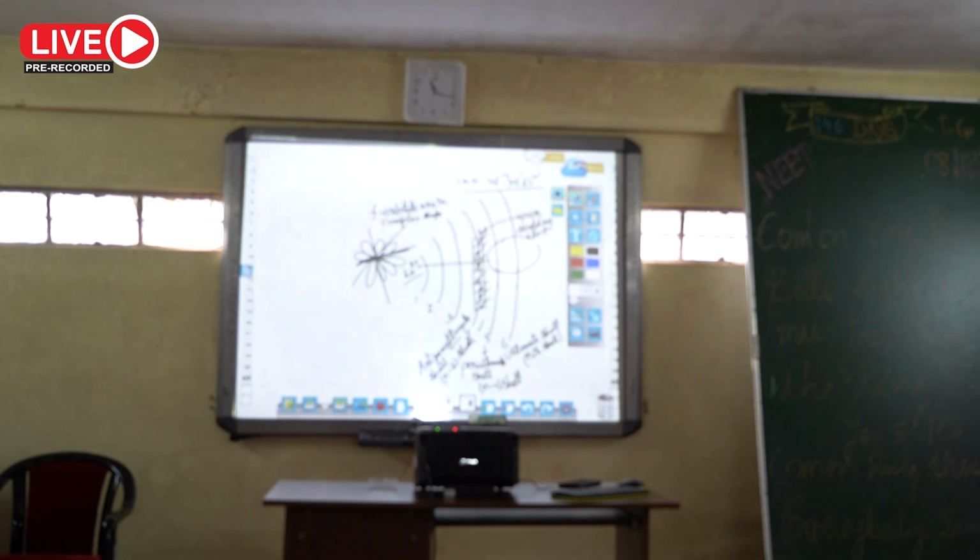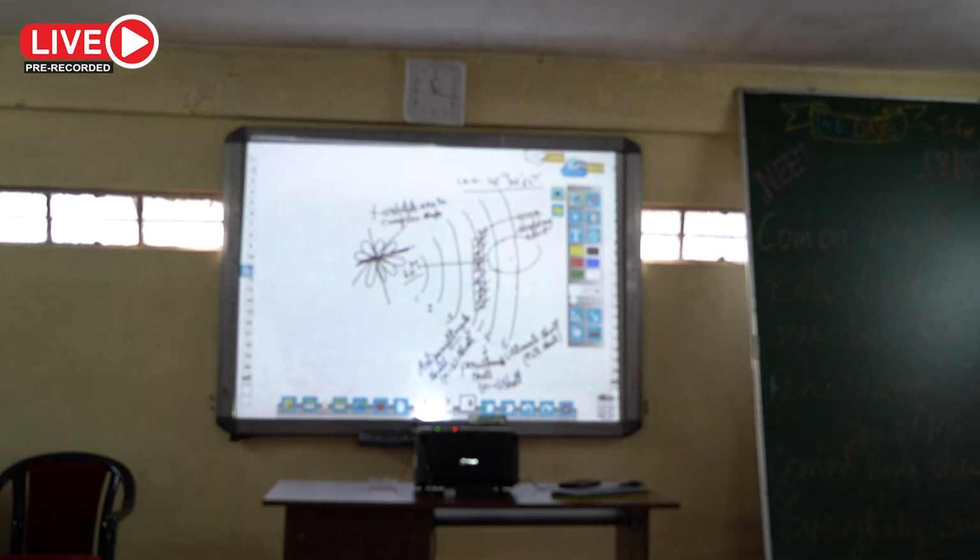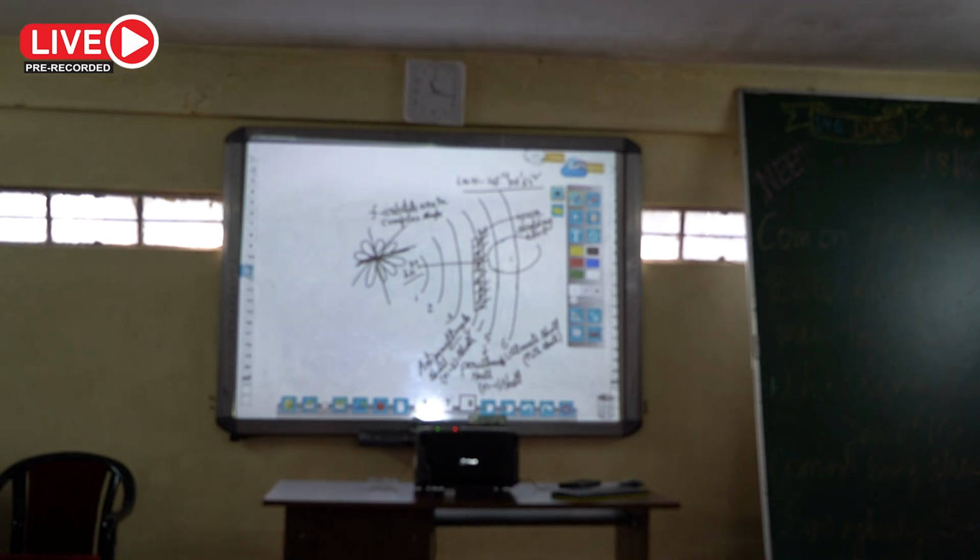One f electron cannot shield the other f electron within the same subshell due to the peculiar shapes of f orbitals.